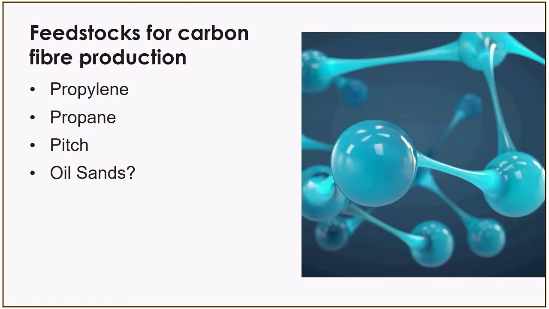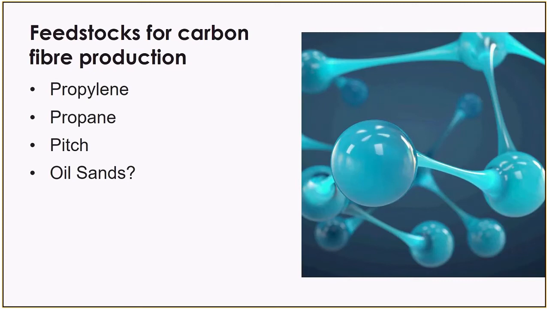So how do we make these amazing carbon fibers? Well, 90% of carbon fibers made today use the feedstock of propylene, and we'll talk about how that becomes polyacrylonitrile a little bit later on the next slide. And what's emerging here is a route to carbon fibers from propane.